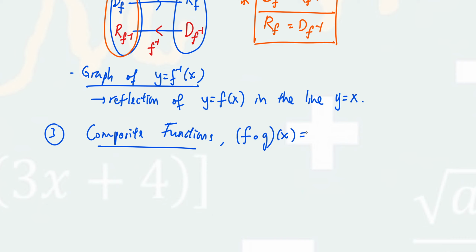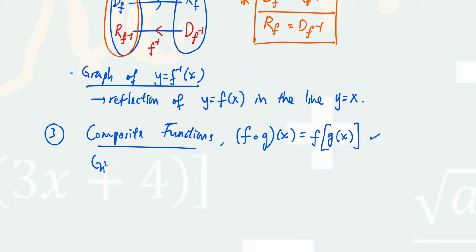You will see this in the book, and we normally write f(g(x)) or (f∘g)(x). We will always use the second form instead of the first form.